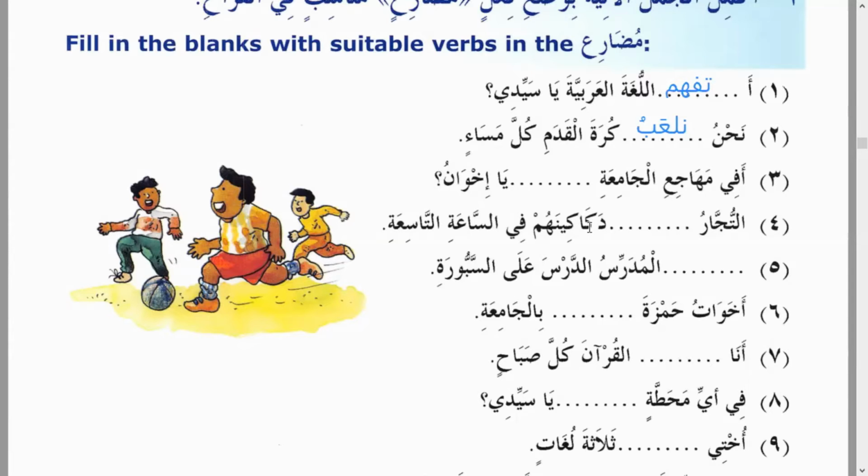Next one. أفي مهاجع الجامعة تسكنون يا إخوان. We are speaking to someone. So ta should come. You're speaking to brothers. Ya came, right? So whenever we're speaking to someone, the verb is correct, but with a ta.